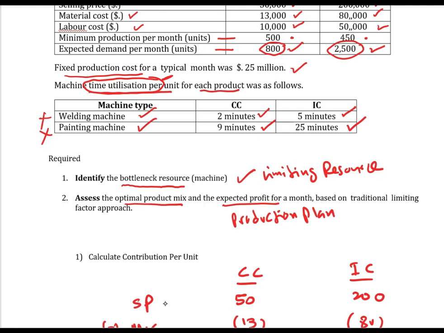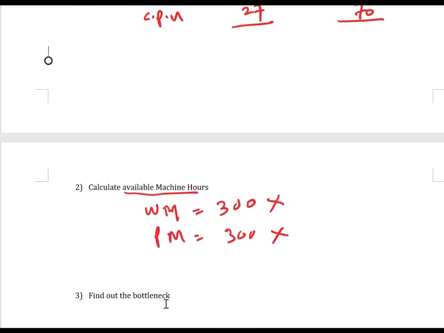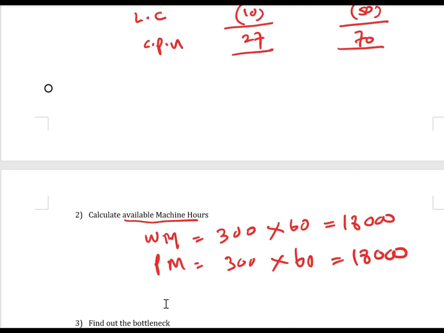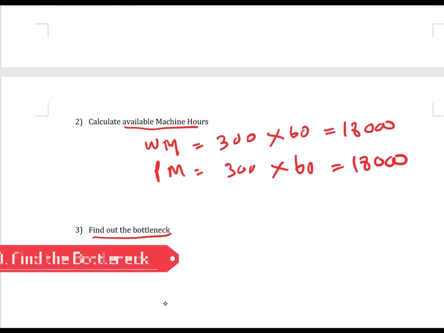Since the utilization of these machines is given in minutes, we need to identify the total minutes available under each machine. So this will be 18,000 minutes and 18,000 minutes. Afterwards, you need to find out the bottleneck.